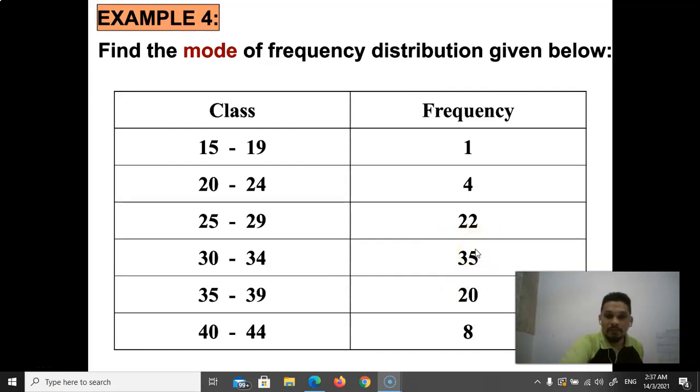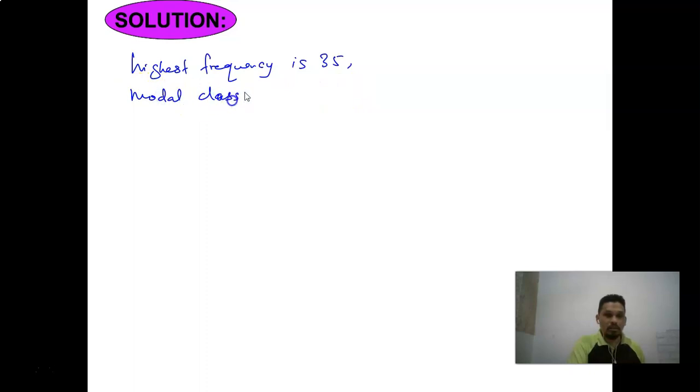So from this data, the highest frequency is 35. The modal class is the class of 30 up to 34.